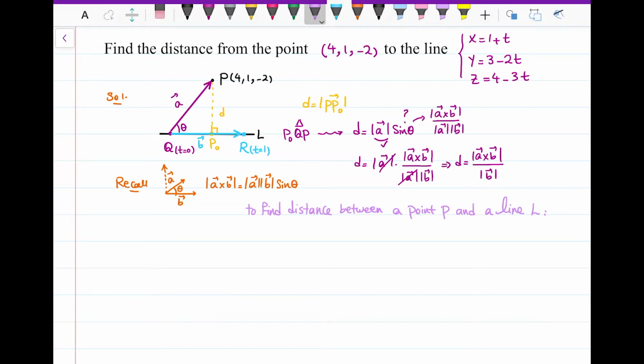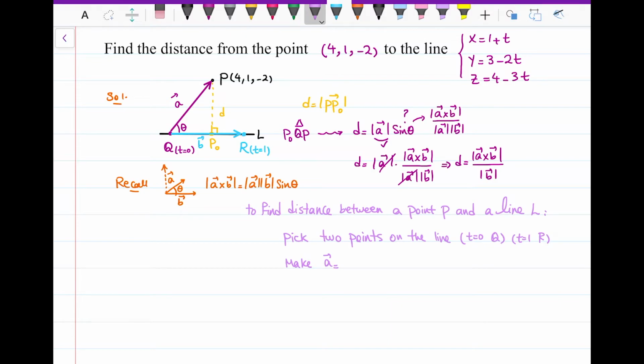So to do that, we need to pick 2 points on the line. Let me call them at t equals 0, let me call it Q, and at t equals 1, let me call it R. Make 2 vectors.